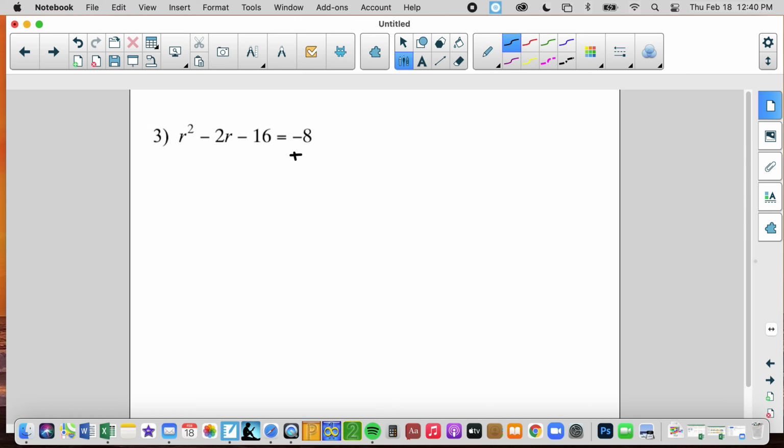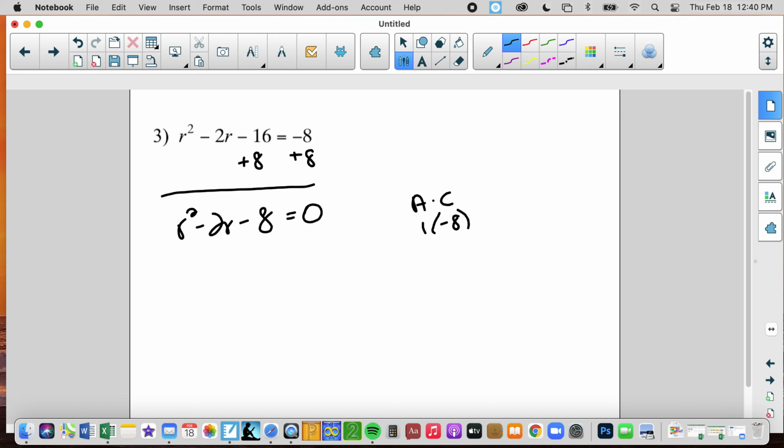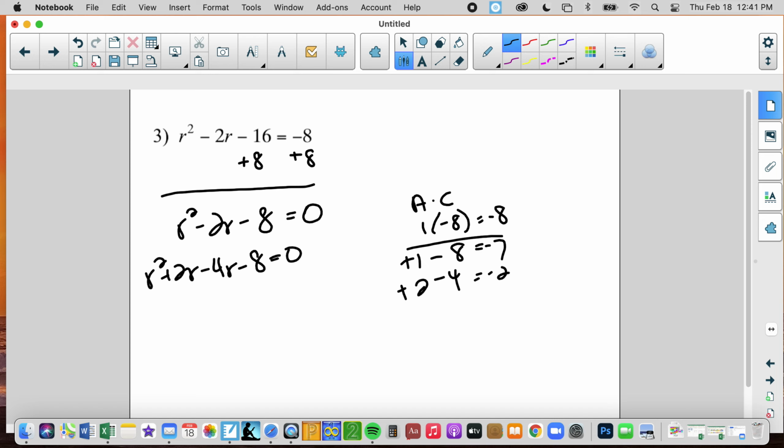Same thing for number 3. I'm going to add 8. r squared minus 2r minus 8 equals 0. Not a binomial square. It kind of looks like a binomial square, but it is not. And I'm going to do a times c, which is 1 times -8. I get 1 and 8, 2 and 4. Signs are different. Bigger is negative. And we get -2. So r squared plus 2r minus 4r minus 8 equals 0.